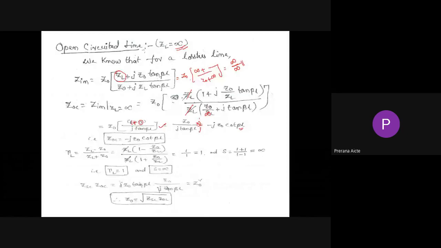Then it will come minus j Z naught by tan, which is cot. Either you can write it in terms of cot or in terms of tan.